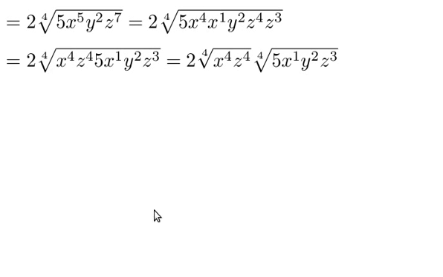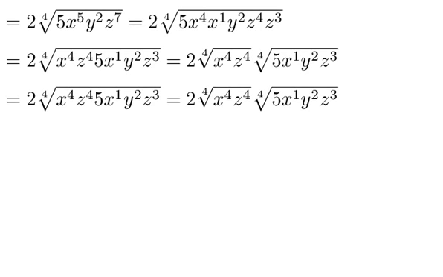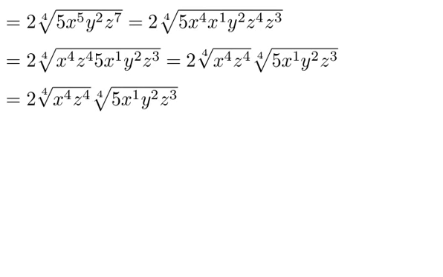Well, you could probably already see it, but in case you don't, and I understand that this can get overwhelming sometimes, this x to the 4th, z to the 4th is going to be the same thing as, let's just copy this so it'll go by faster. Let's go ahead and rewrite that as 2 separate roots.